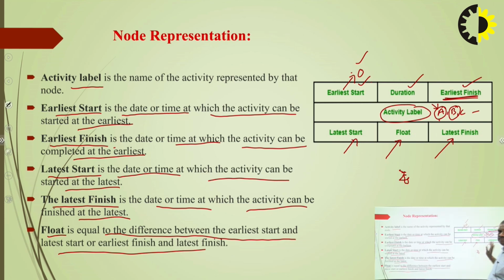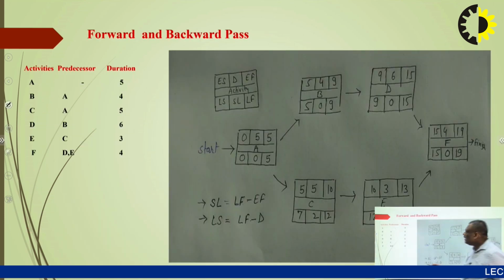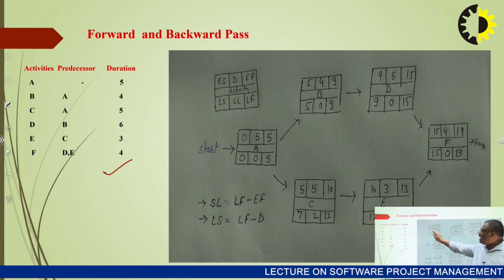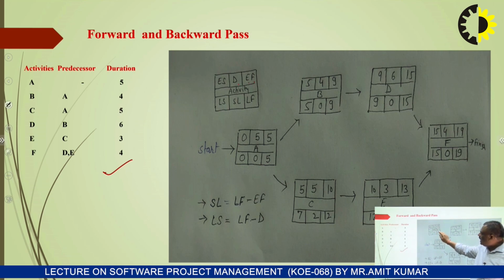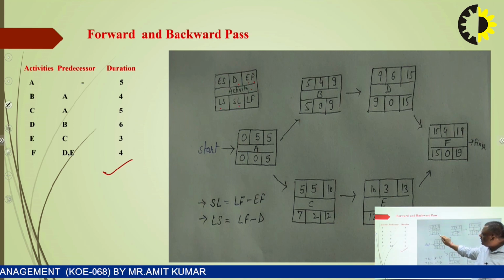So with the help of this table, we fill in the values for each activity. In the same example, we have earliest start, duration, earliest finish, activity, latest start, float value, and latest finish.